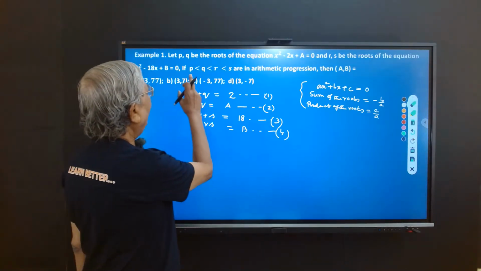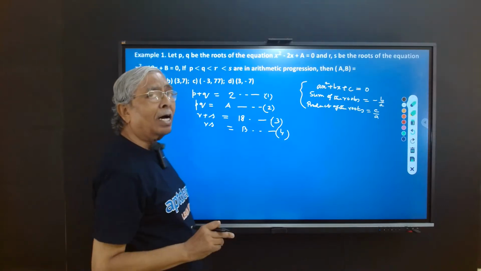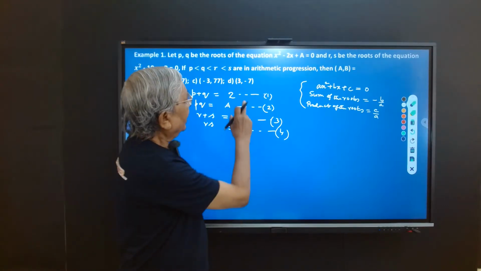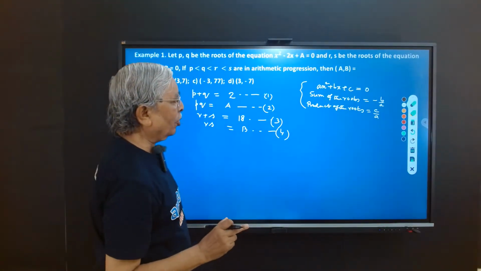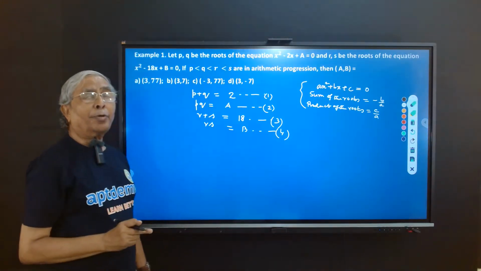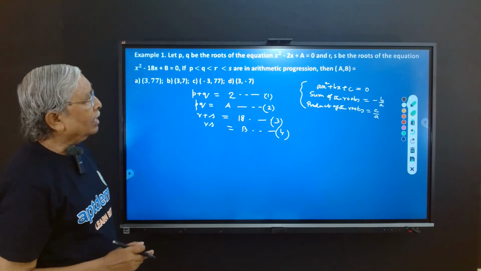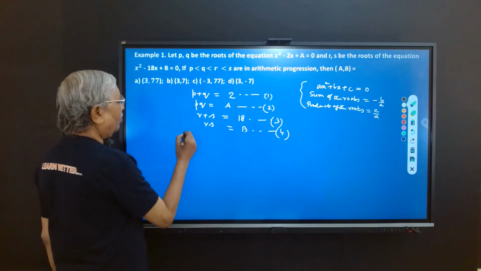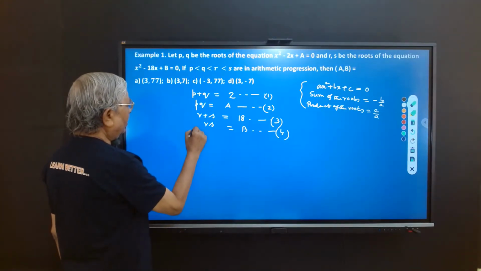Now what do we want and what is given? We are given that p less than q less than r less than s are in arithmetic progression. So here the four numbers are given: p, q, r, s. They are in AP.